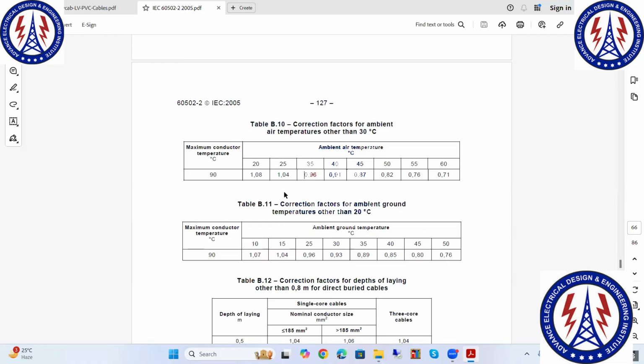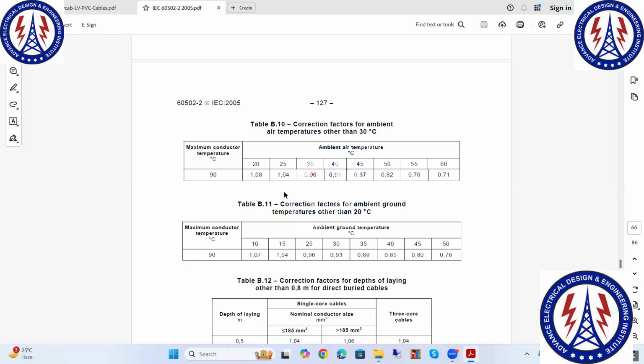Is this applicable for non-armored cable also? See, it is for the conductor. Forget armored, it is not related to the armoring. It is for the conductor current. These are temperature values, sir. Temperature is not related to armored or unarmored.